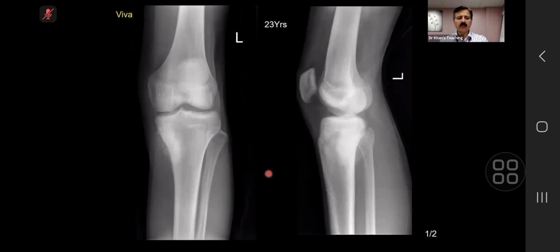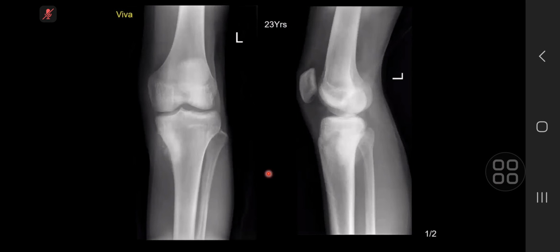How will you describe it? We know it's an osteosarcoma. Just for practice of your description, over to you. So the lesion is ill-defined with a wide zone of transition. It's eccentrically located in the medial cortex of the left proximal tibial metaphysis. There is osseous matrix and an aggressive periosteal reaction.